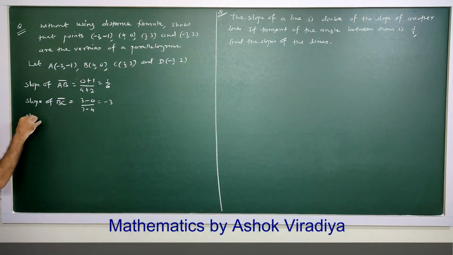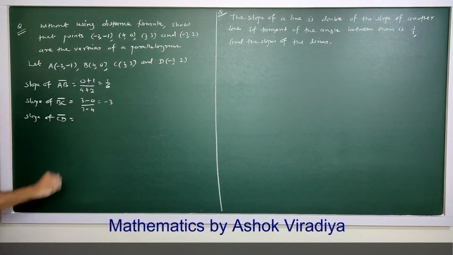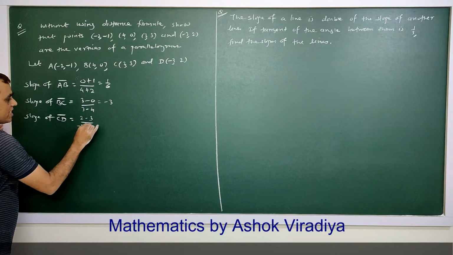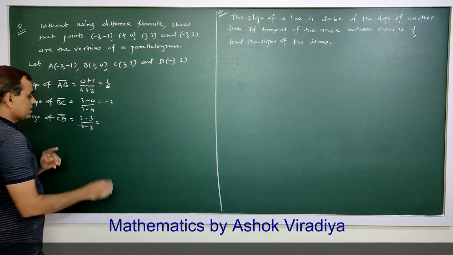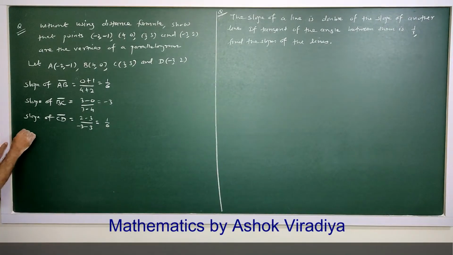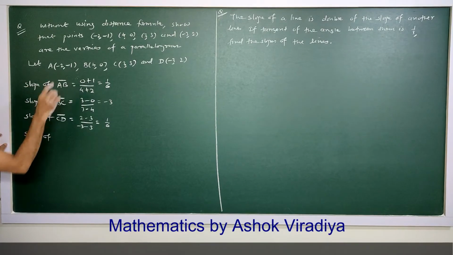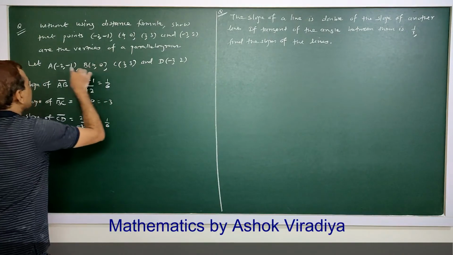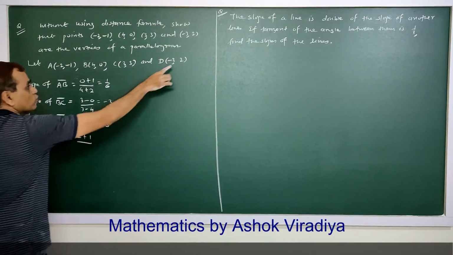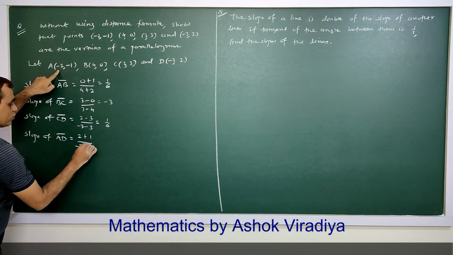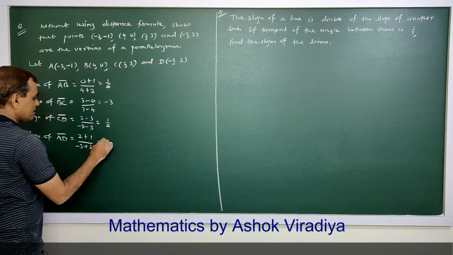Slope of line segment CD is (y1 minus y2) upon (x1 minus x2). So this is minus 1 by minus 6, so 1 by 6. Slope of AD is (y1 minus y2) upon (x1 minus x2). So this is minus 3.